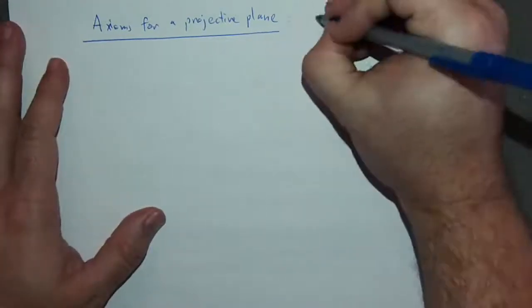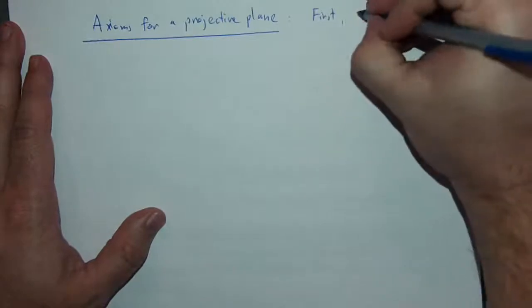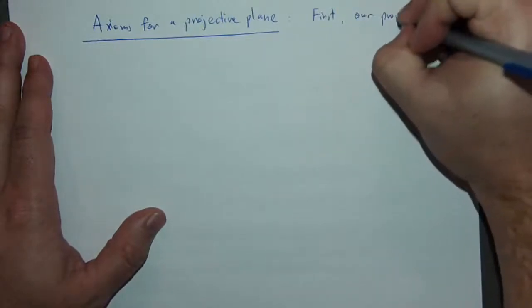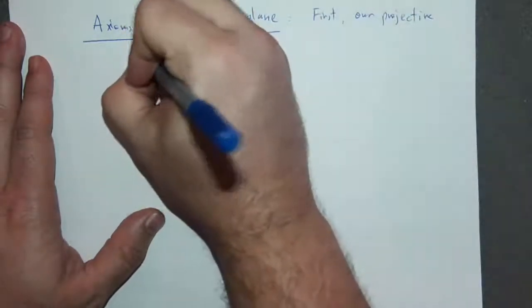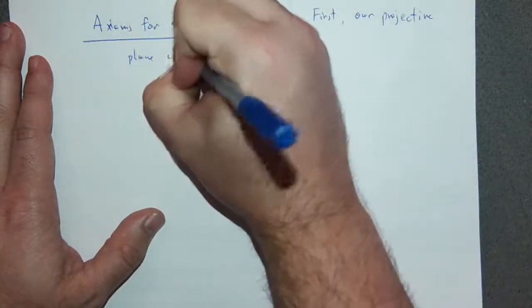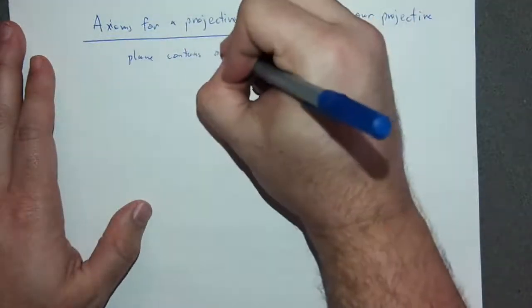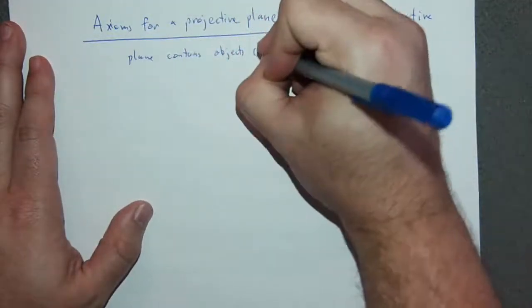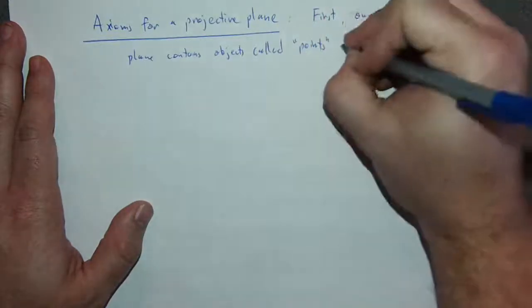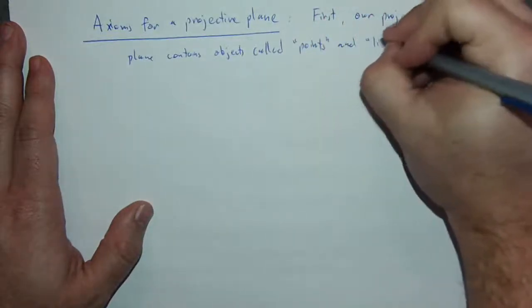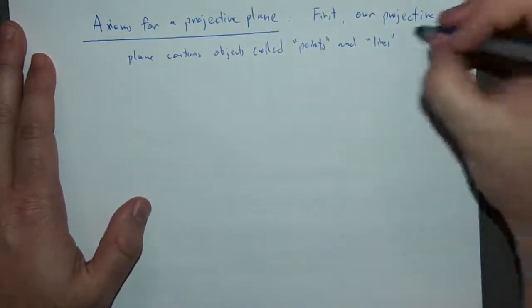First, before I list any axioms, our projective plane contains objects called "points" and "lines" satisfying the following axioms.